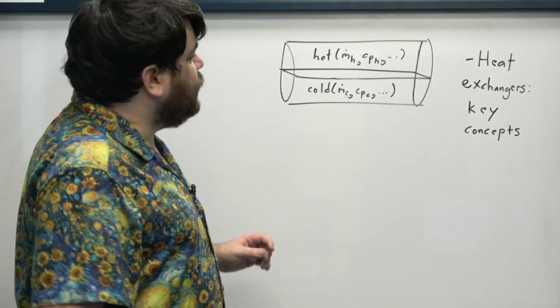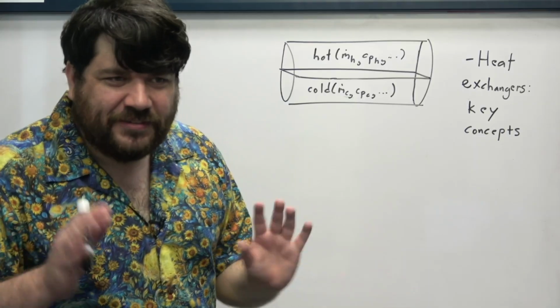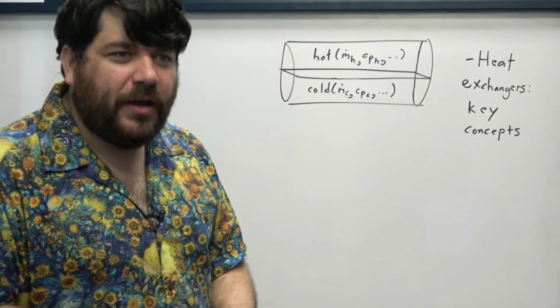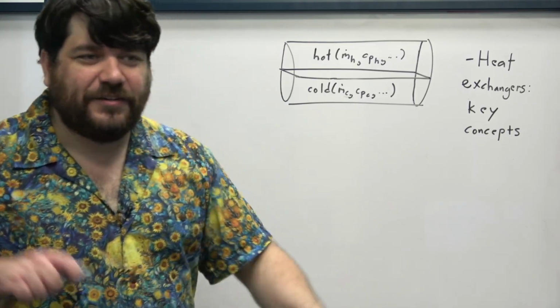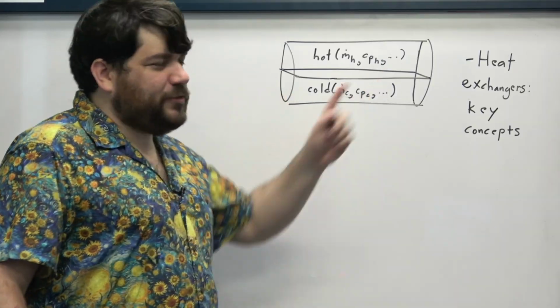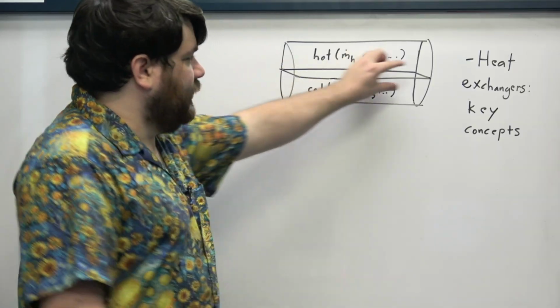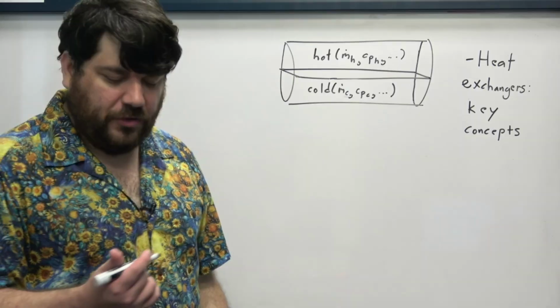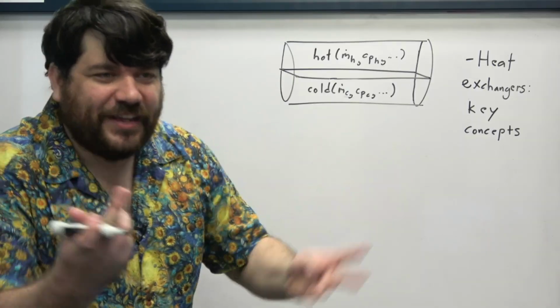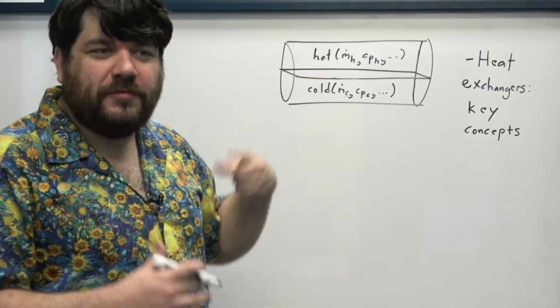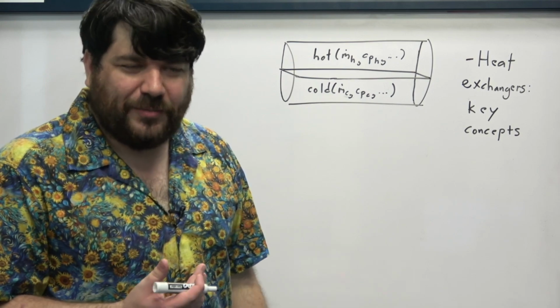Nevertheless, we can try to figure out whether we can create some kind of model for the net heat transfer rate that's happening through this heat exchanger by postulating the idea that this system follows something that looks like a thermal circuit law, right?